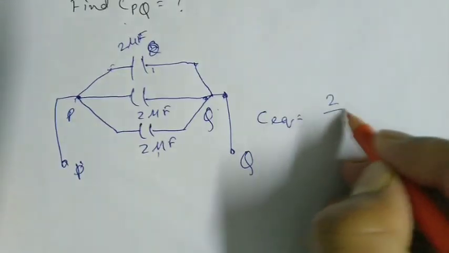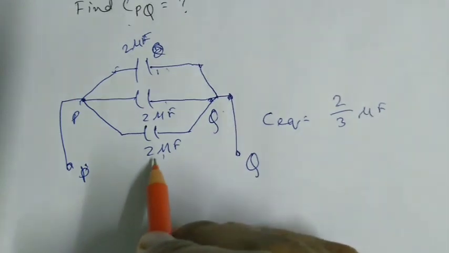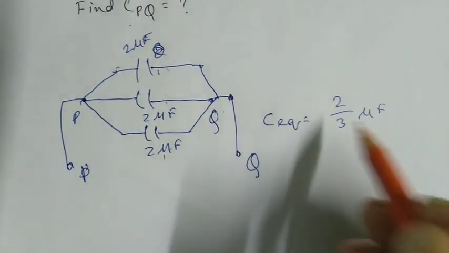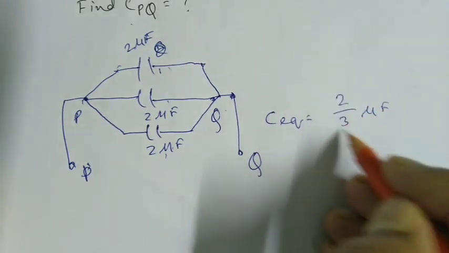so here 2 by 3 microfarad. Why? Because 3 capacitors are in parallel, so C eq is the capacitance value divided by 3.